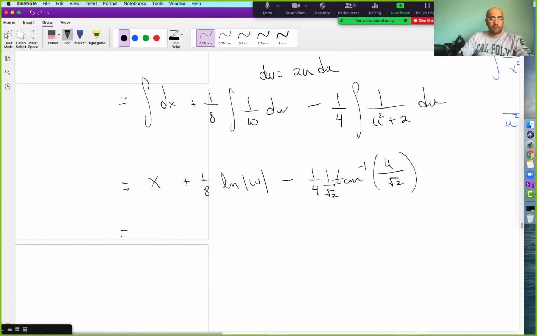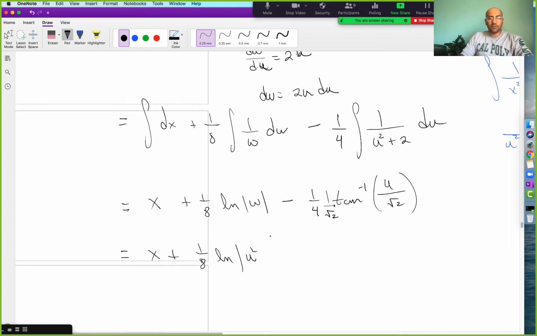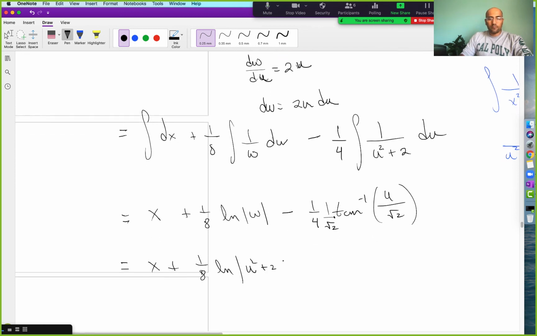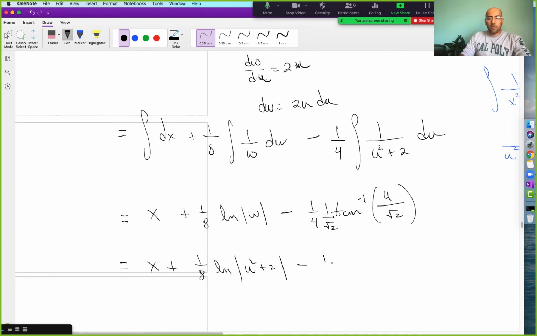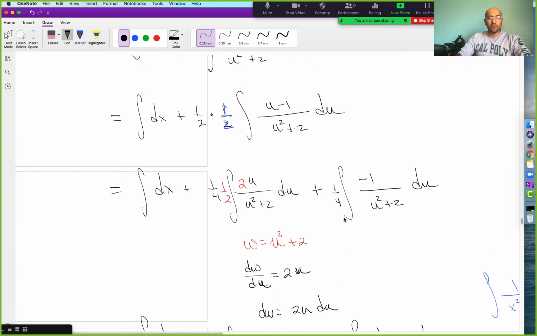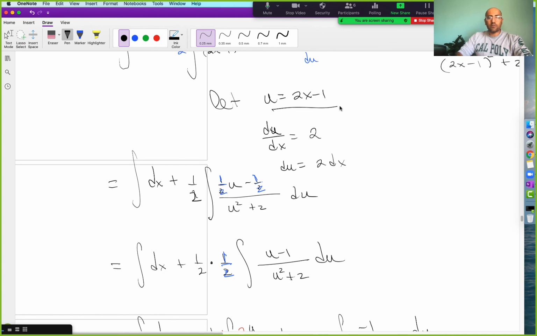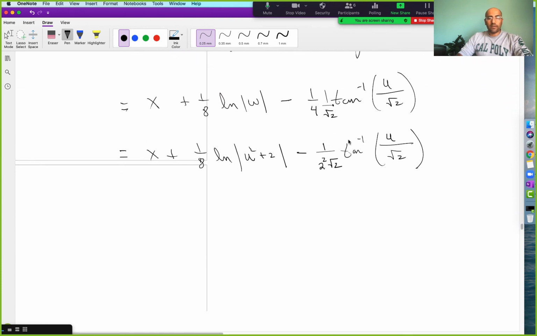So this is going to be equal to x plus 1/8 ln of the absolute value of u squared plus 2, minus 1 over 4 times root 2, and we can write that 4 as 2 squared, and then we'll combine those two in a second, and then this is tan inverse of u over root 2. Now the u: u was equal to 2x minus 1.